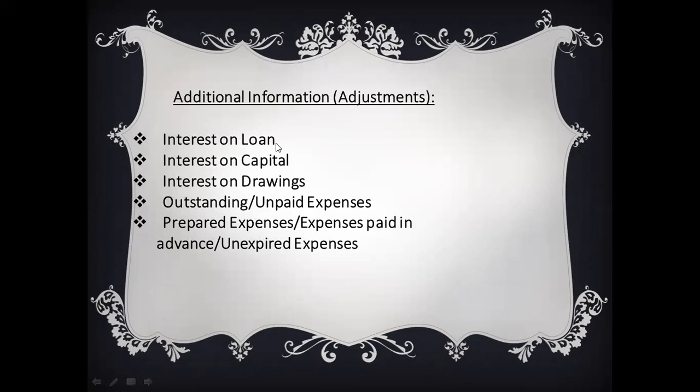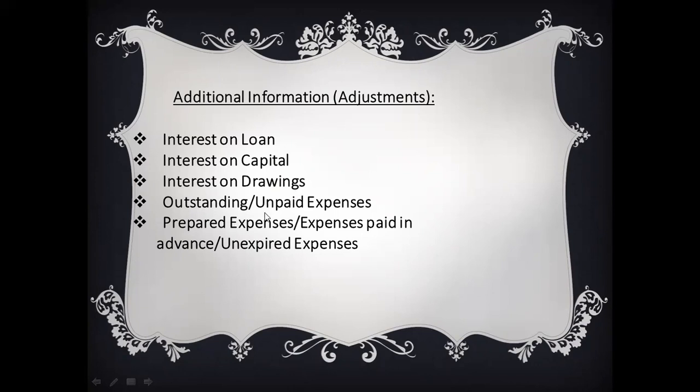Interest on loan is an expenditure, so it is to be deducted. Interest on capital is also an expenditure, so to be deducted. Interest on drawings is income to the business, so it is to be added.